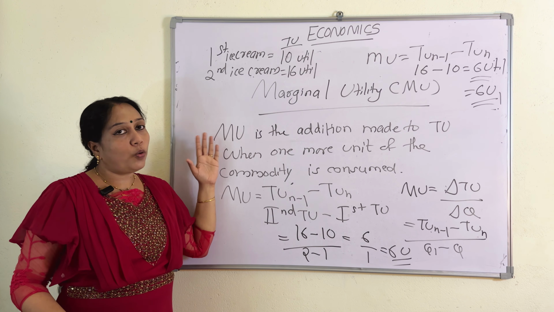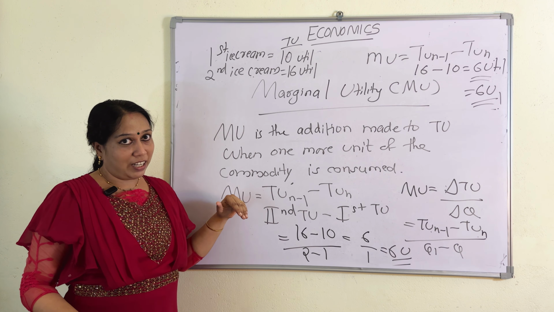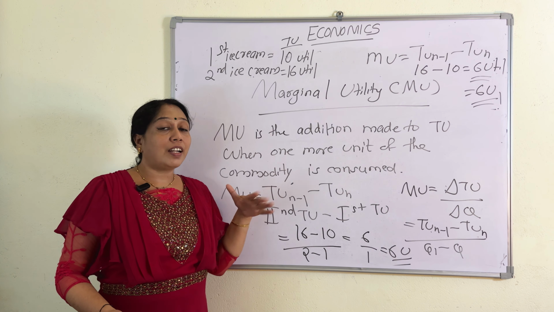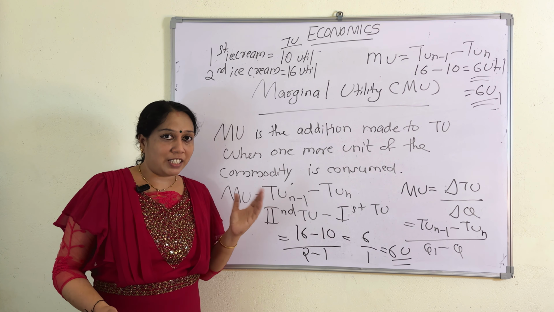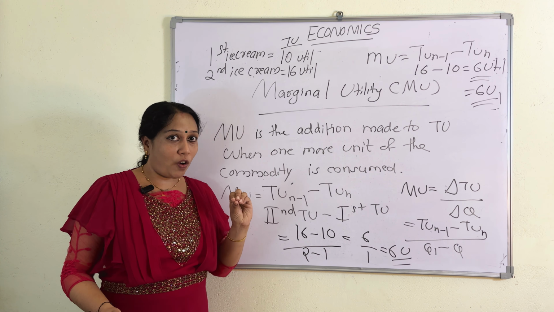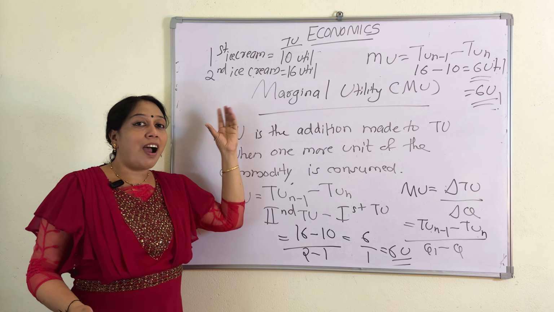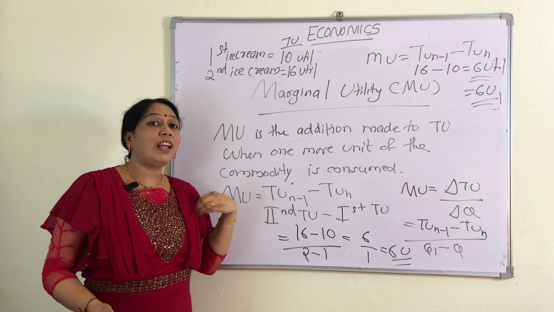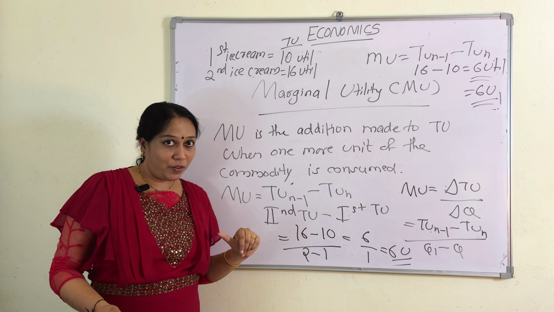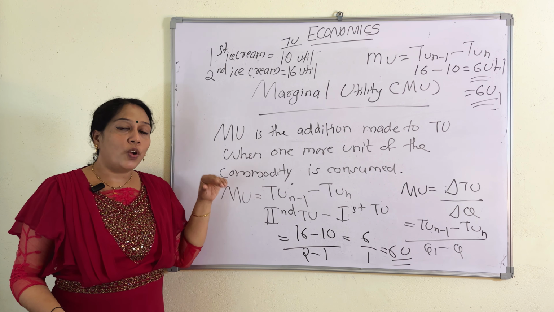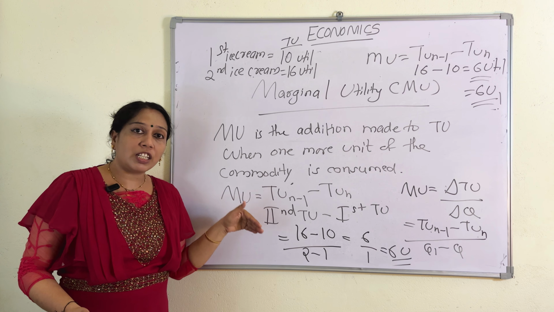So now we studied two types of utility, that is total utility and marginal utility. Total utility is the total satisfaction derived by the consumer from the consumption of all possible unit of given commodity. Then marginal utility is the addition made to the total utility when one more unit of the commodity is consumed. How to find out TU? U1 plus U2 plus U3, we have to add the utility of each commodity.